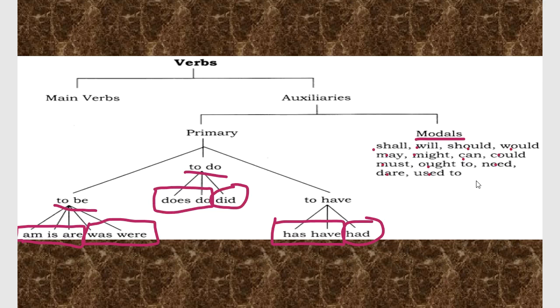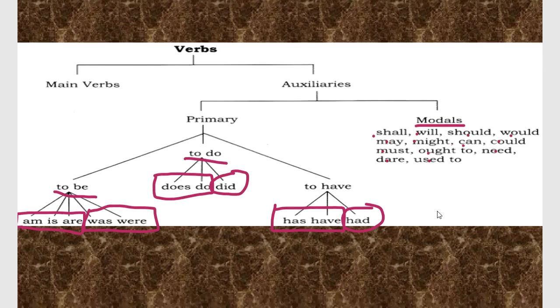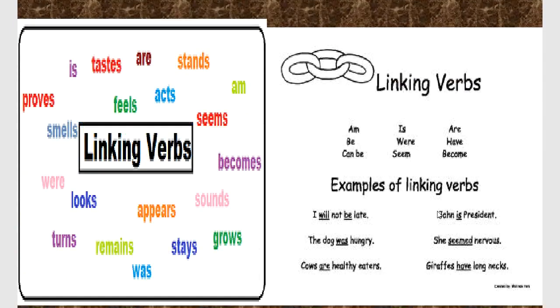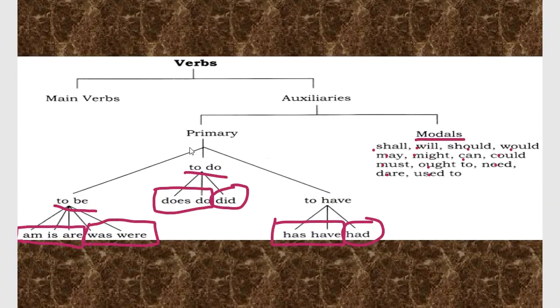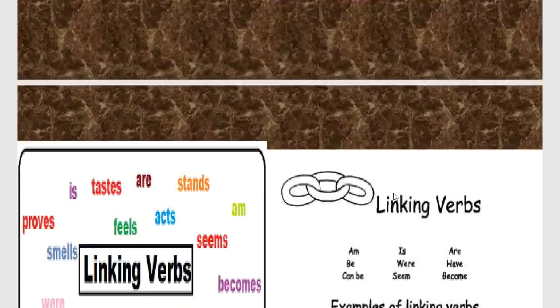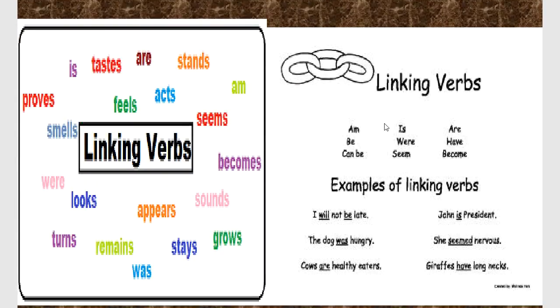These are the modal auxiliary verbs. Now let us come to next. So here in this slide we saw that there are primary auxiliary verbs and modal auxiliary verbs. Primary auxiliaries can be of to be verb, to do verb, to have verb, and modals can be of so many kinds. Now there is another type of verb, that is the linking verbs.